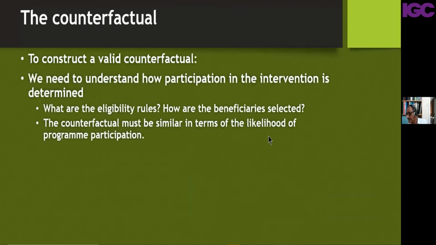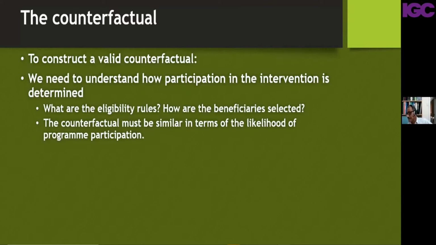So what we need to do is construct a valid counterfactual. And to construct a valid counterfactual, we first of all need to understand how participation in the intervention is determined. What are the eligibility rules? How are the beneficiaries selected?